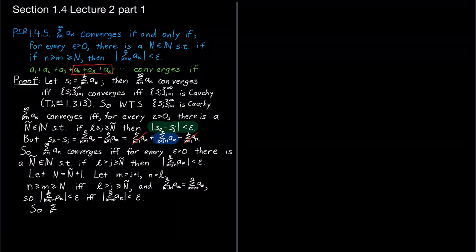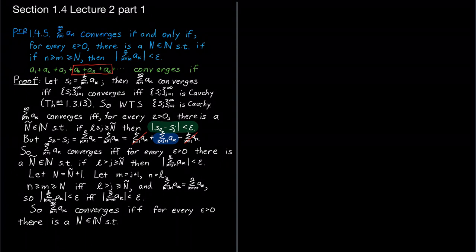So that means our series converges if and only if, and then we'll write, for every epsilon there is a natural number N such that if n is bigger than or equal to m is bigger than or equal to N, then this partial sum is less than epsilon.